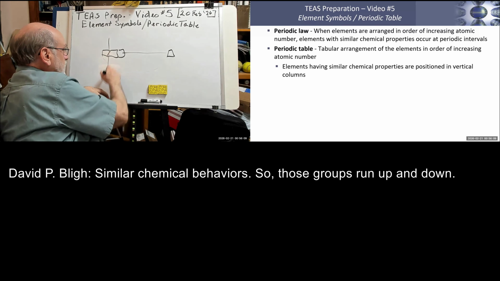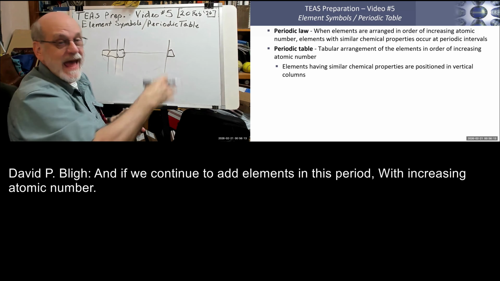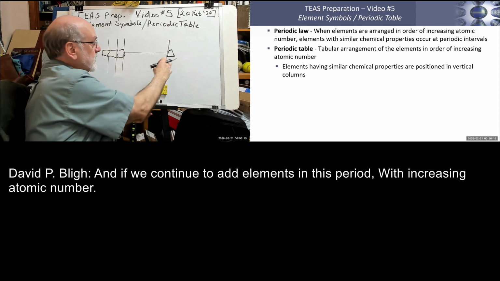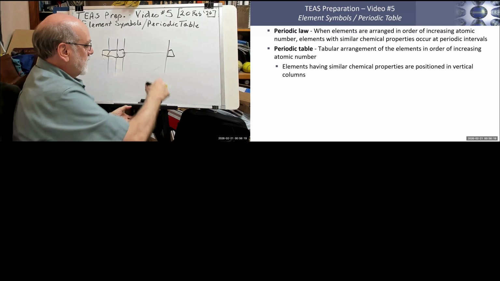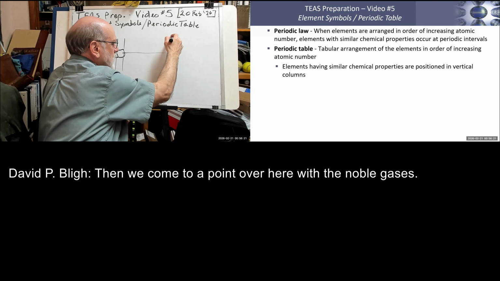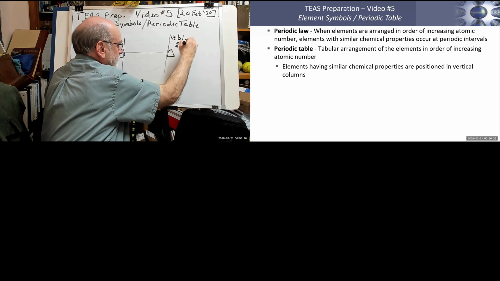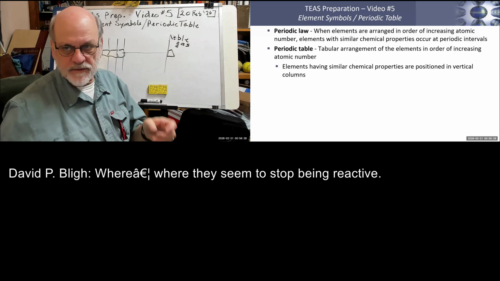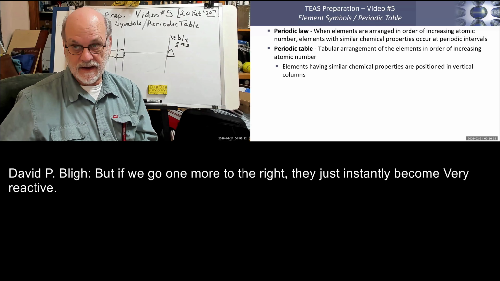So those groups run up and down. And if we continue to add elements in this period with increasing atomic number, then we come to a point over here with the noble gases where they seem to stop being reactive.